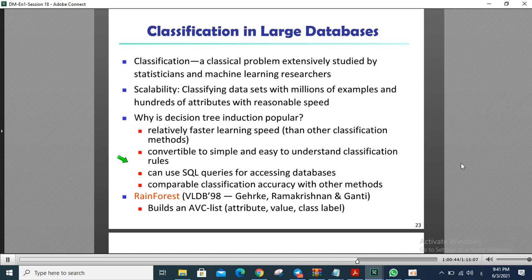In a large database, it's not easy for me to extend my classification strategies into large databases.